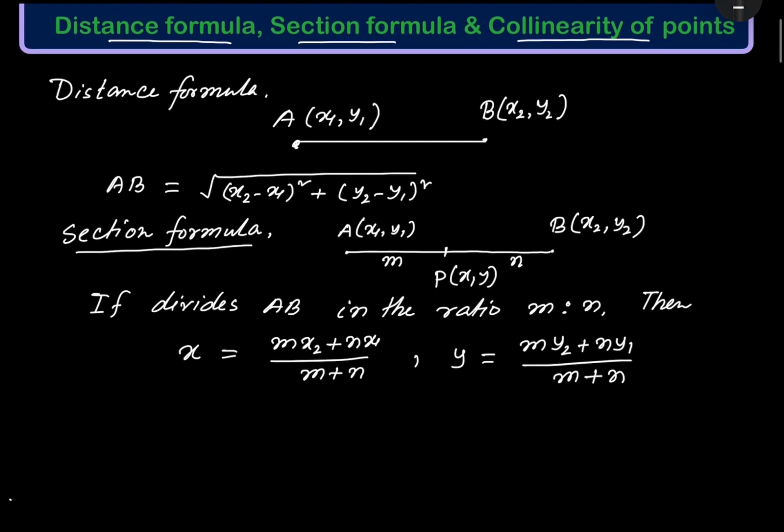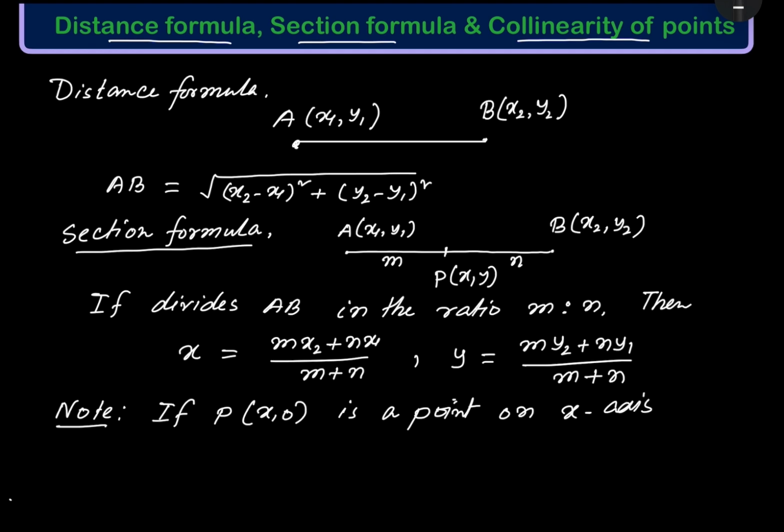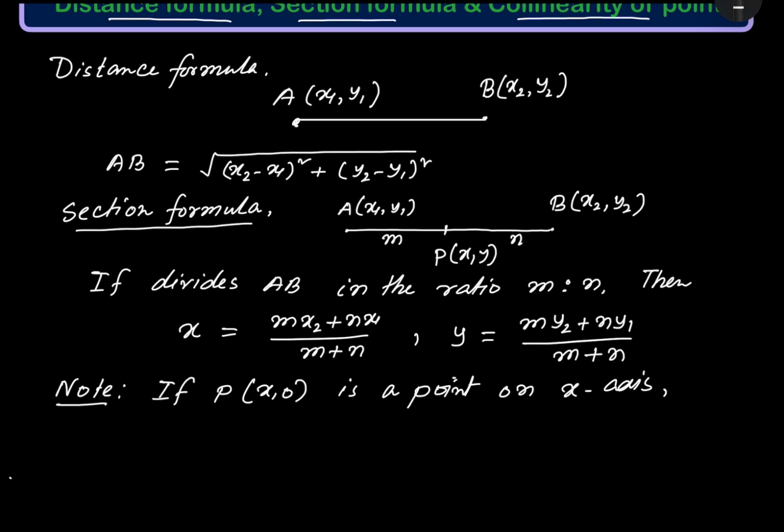So one more thing here, if P is a point on x-axis, write one note, if P x comma 0 is a point on x-axis, then here y coordinate will be 0, so we can write 0 equals to my2 plus ny1 by m plus n.